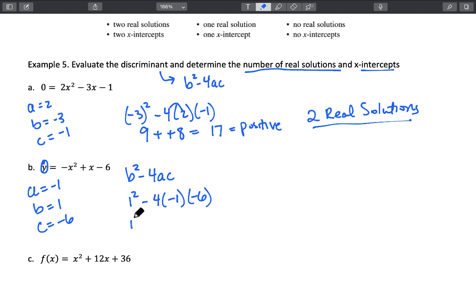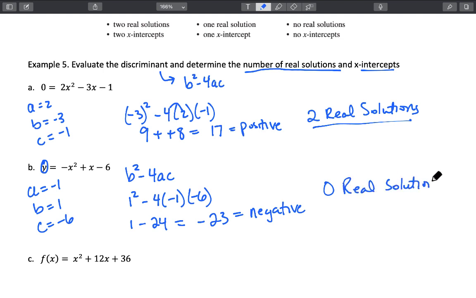All right, that leads us to 1 squared, which is 1, minus 4 times a -1 is a -4, times a -6 is a +24, so that's -24. All right, that's going to come out to be -23, which is a negative number. And if you have a negative number, remember you have 0 real solutions. Your parabola, in other words, will not cross the x-axis.